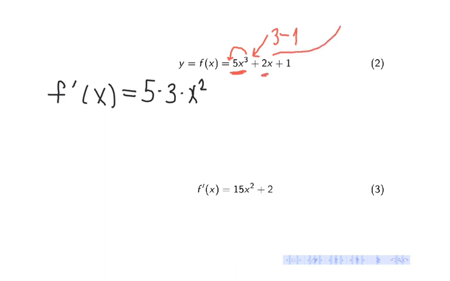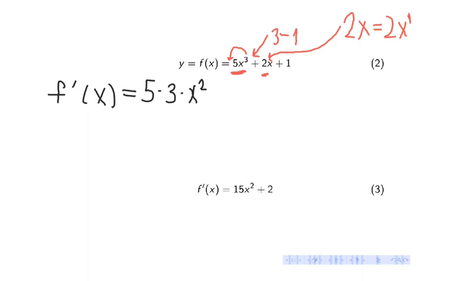Now, you may have seen before that 2x would be equivalent to 2x raised to the first power. This is because, remember, the power tells us how many x's we're multiplying by. So x cubed is x times x times x, whereas x is just, you only have one x in there.